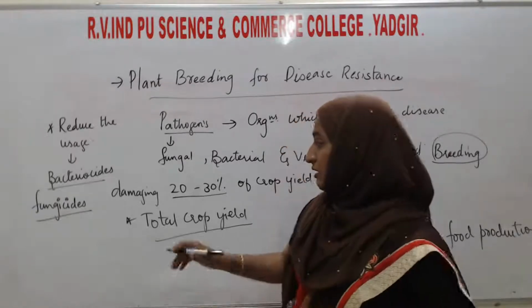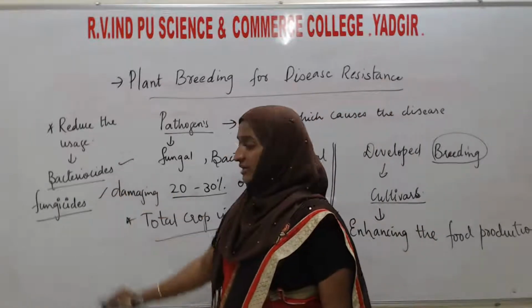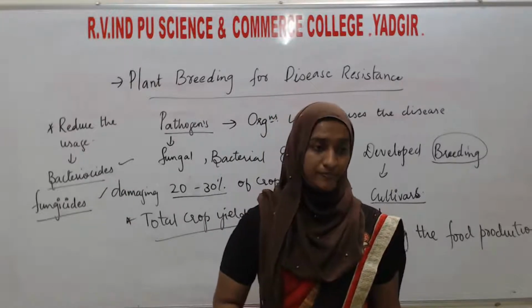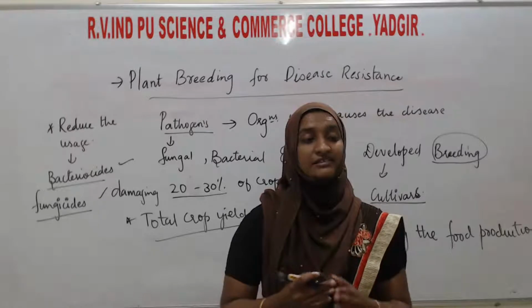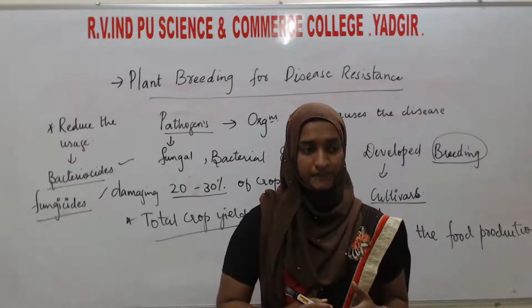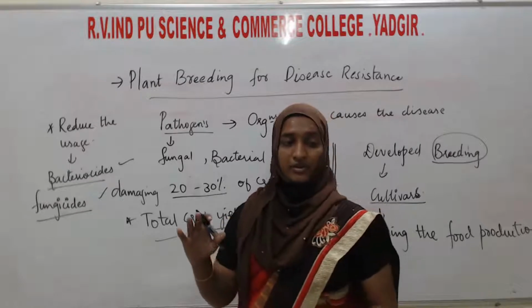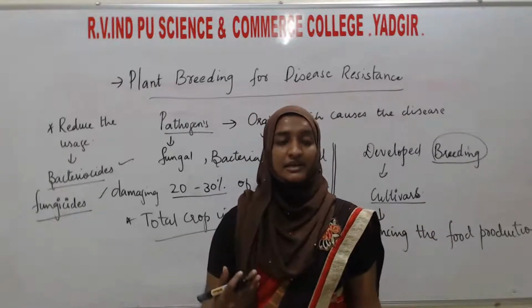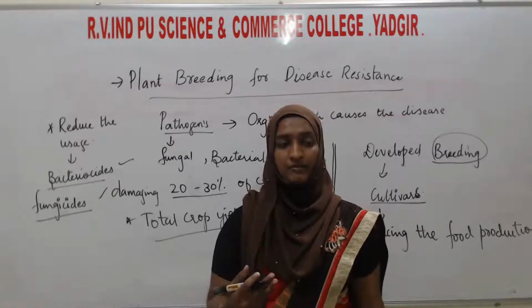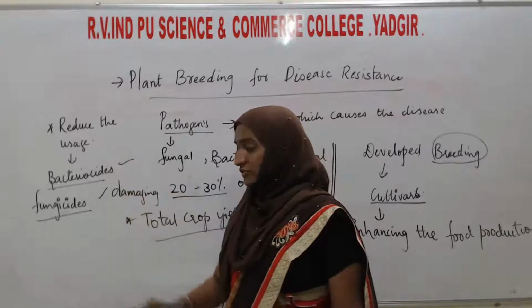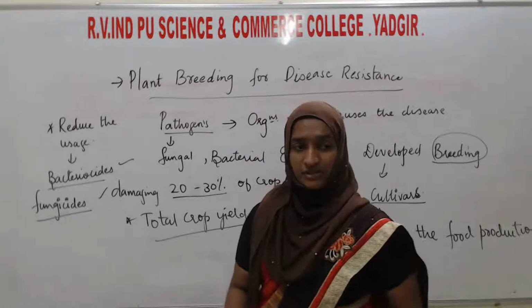We call them bactericide and fungicide, but they have a wrong impact on the crop, and a harmful effect on the human body. That's why, by using this plant breeding technique, they are developing disease resistant plants, by which they are reducing the usage of bactericide and fungicide.